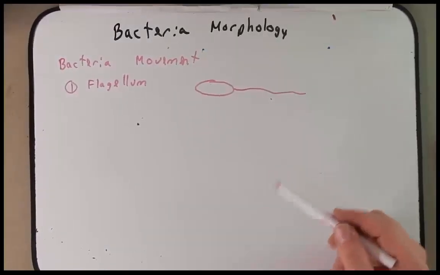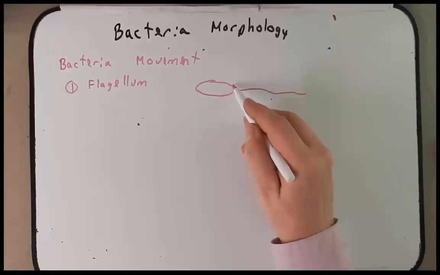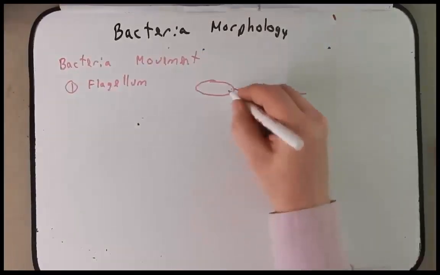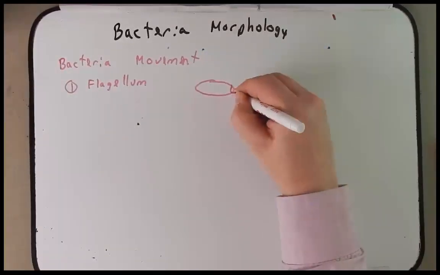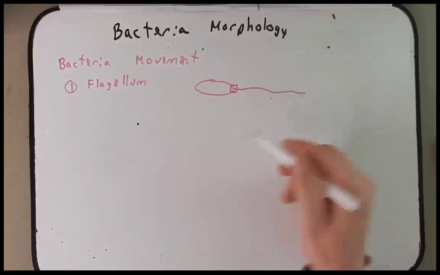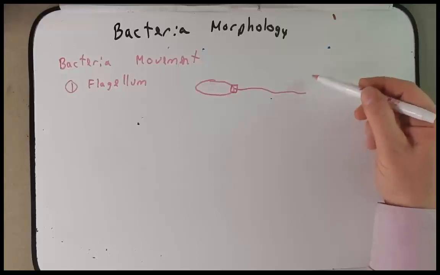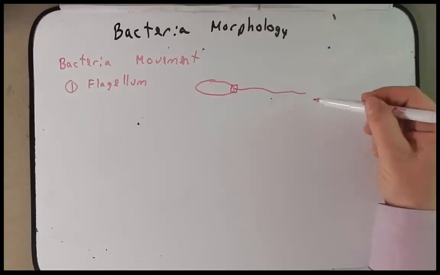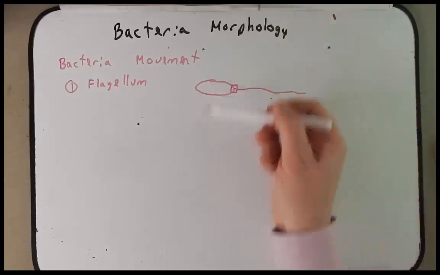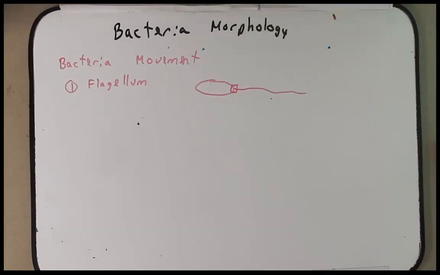In sperm, the flagellum moves back and forth. But what the flagellum of bacteria do is they act kind of like a motored rotor right here, and they spin this flagellum in either a clockwise manner or a counterclockwise manner, propelling the bacteria in one or another direction.